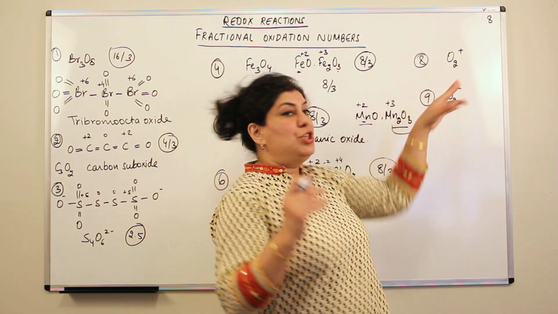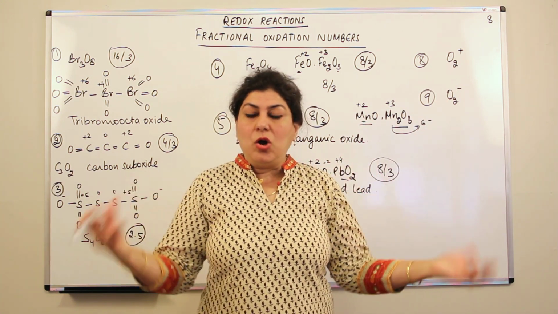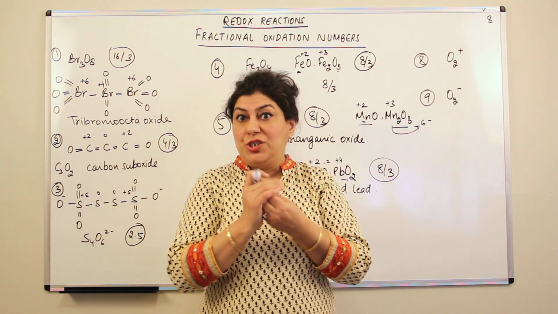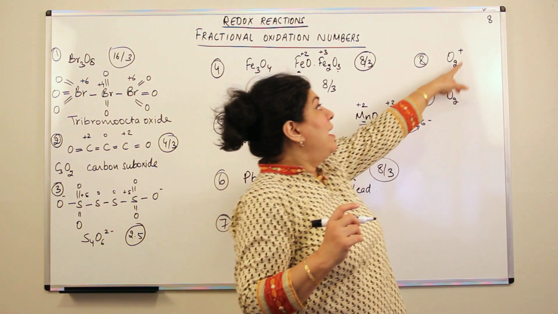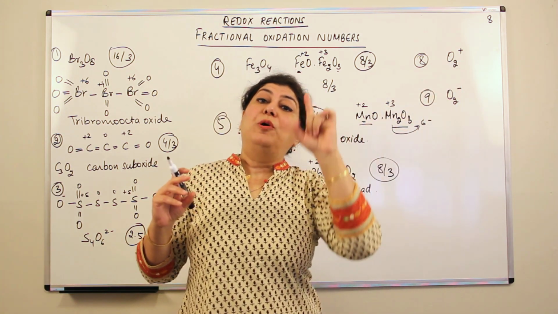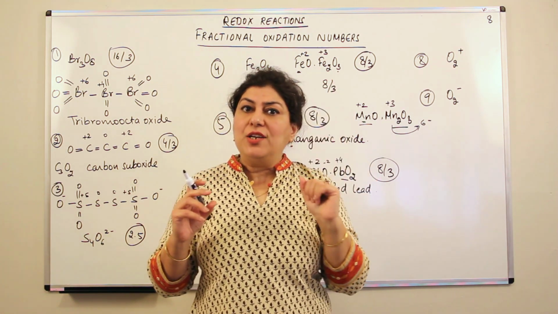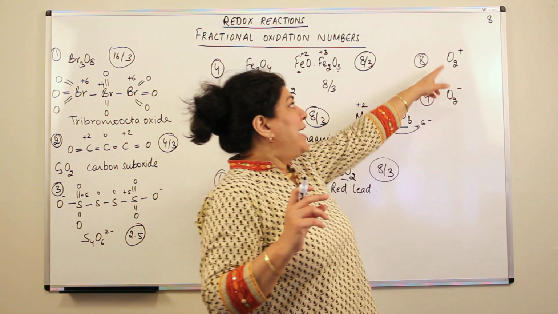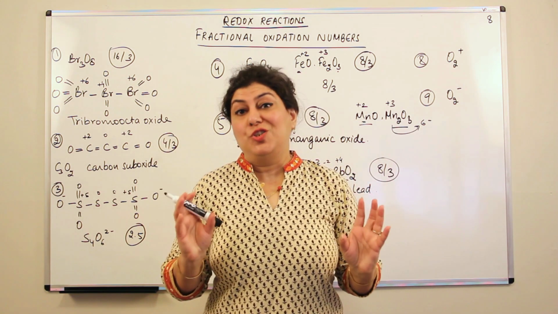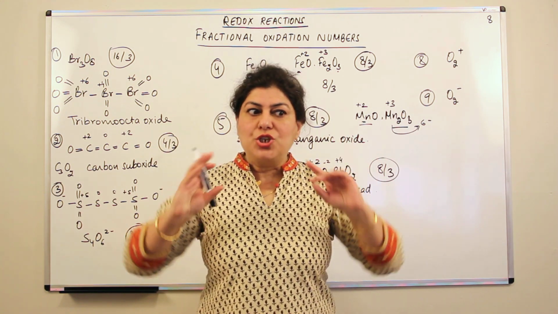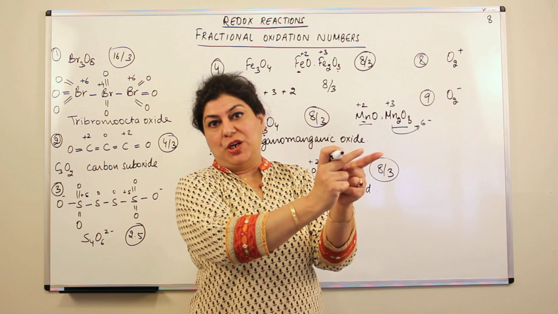So the 2 oxygens by themselves are not contributing to the oxidation state. But this is an ion, an O2 positive ion. This entire species has a positive charge, and that positive charge has to be shared by both the oxygens. So both the oxygens are contributing to that positive charge.